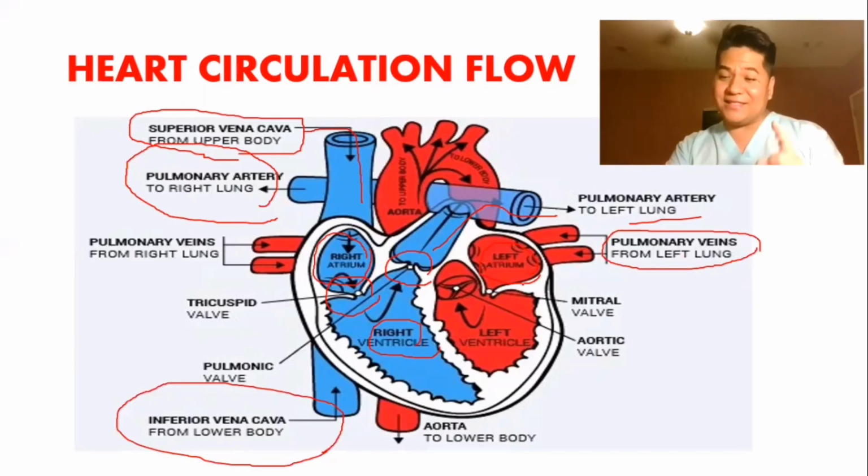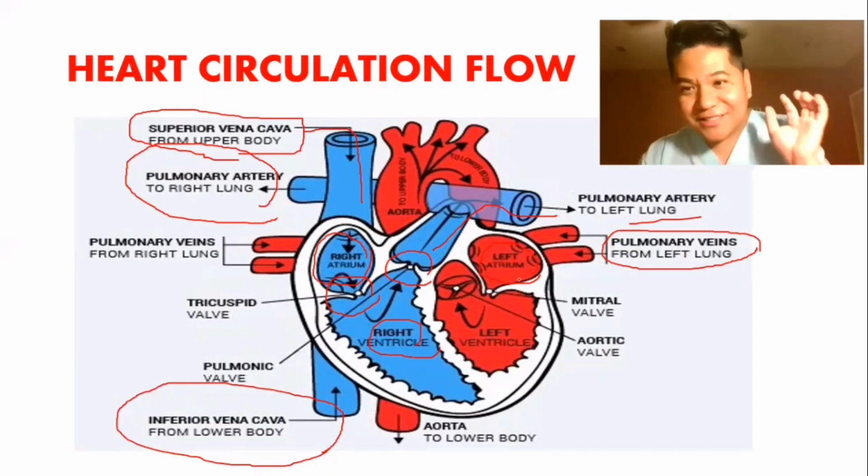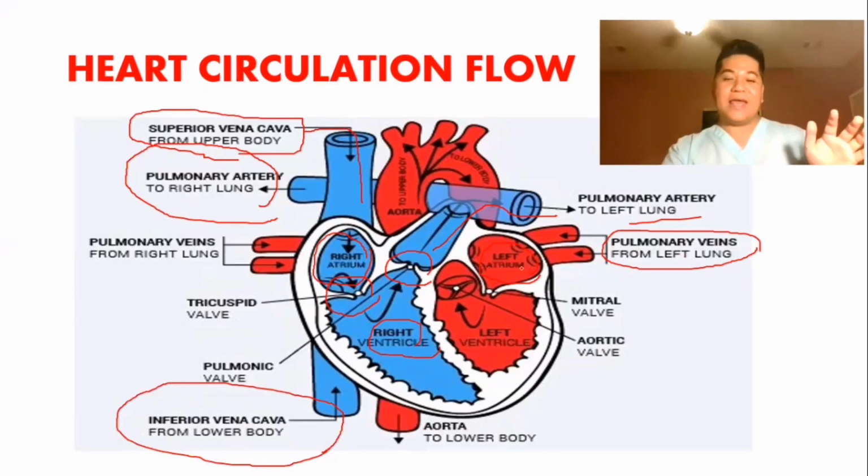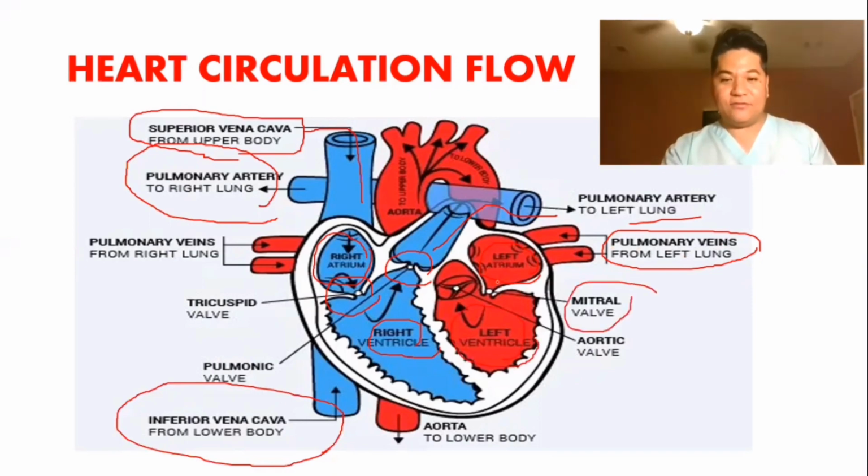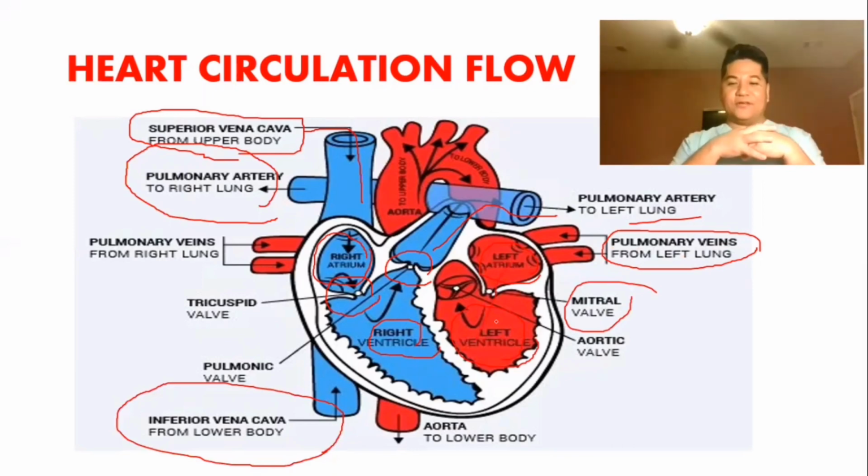So it means that in the left atrium, it is purely oxygenated blood. Then before it goes to your left ventricle, what valve? It is your mitral valve. Okay, then the mitral valve will close, then the blood goes to your left ventricle.